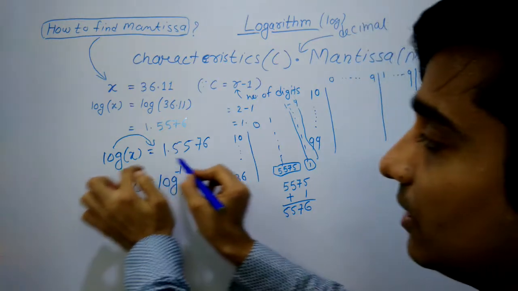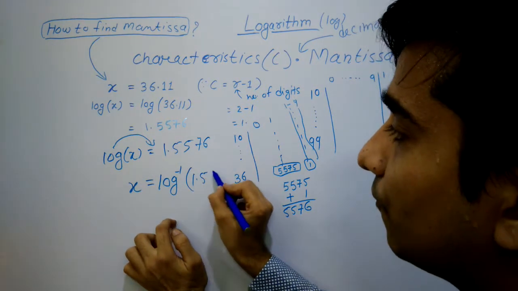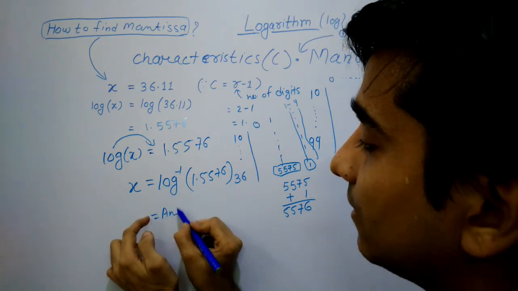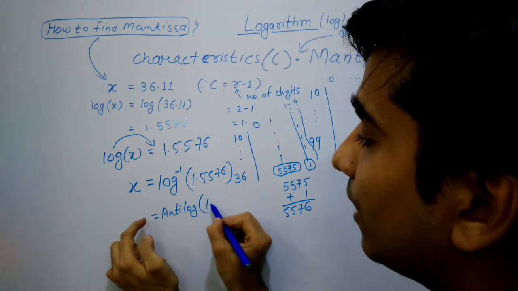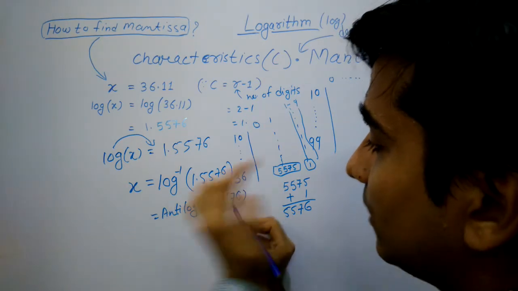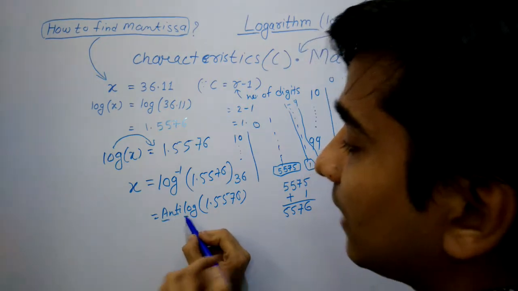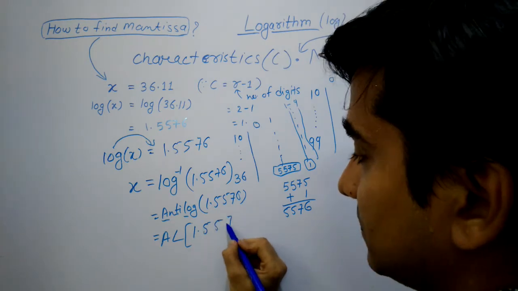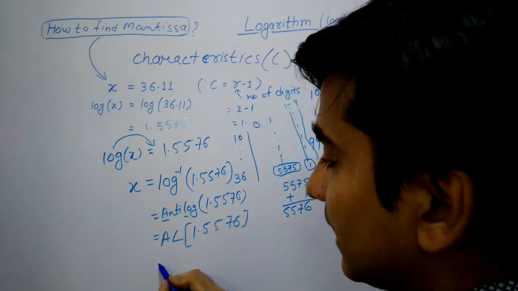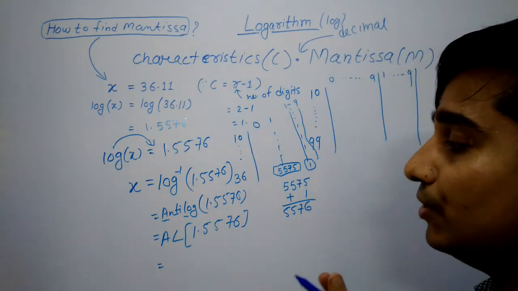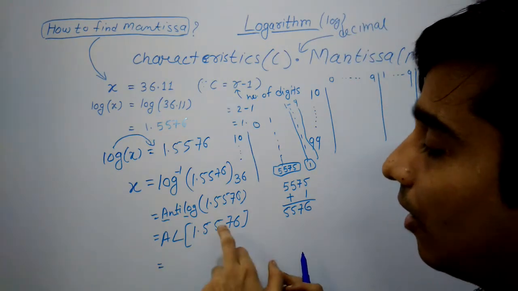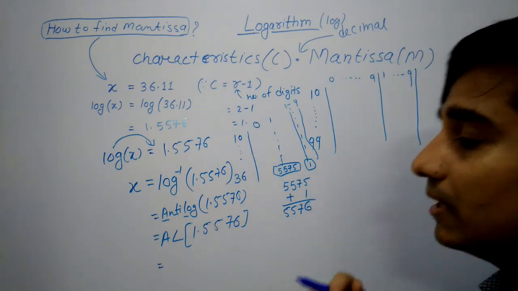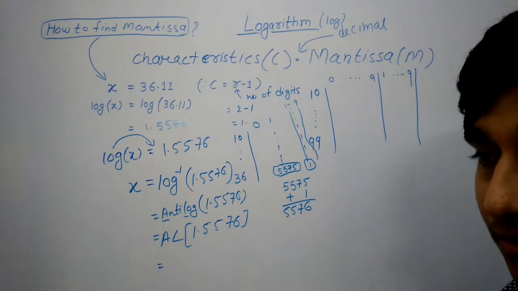So you get 1.5576, and the short form of antilog is AL. So AL of 1.5576. Directly in the second group of columns, which is the antilog group, you can find the antilog of 1.5576.